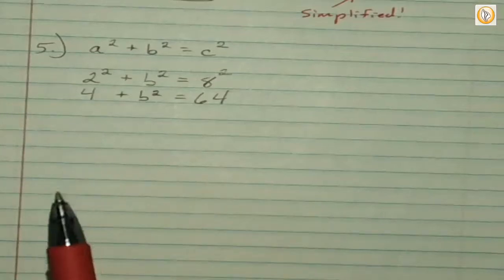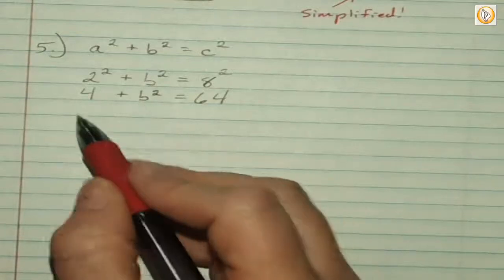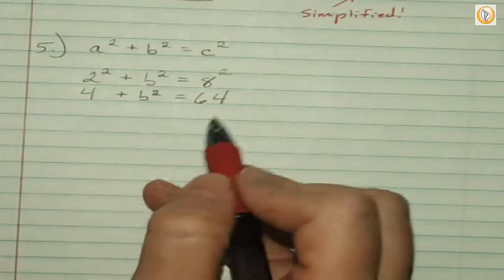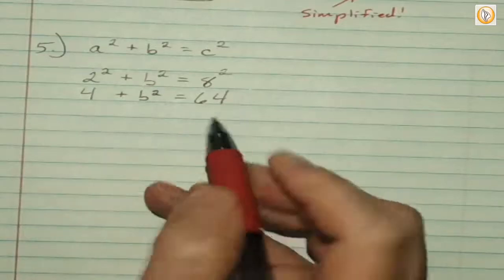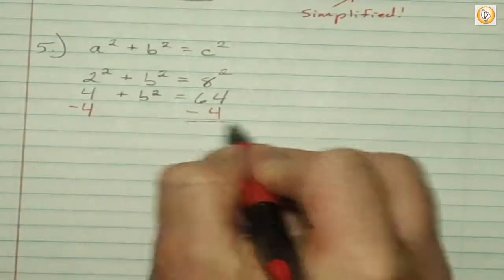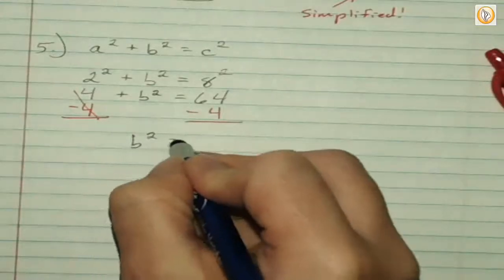Okay, so we're isolating the variable. We want the b squared all by itself. What do I do with the 4? We're going to subtract 4 on both sides because we're isolating the variable.